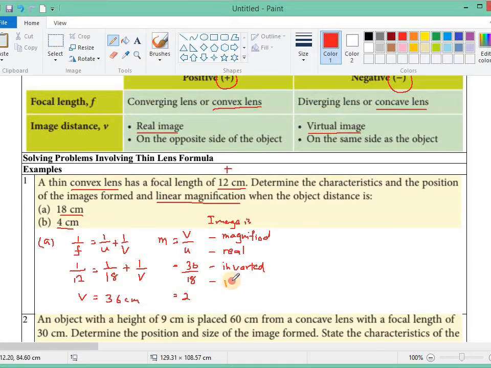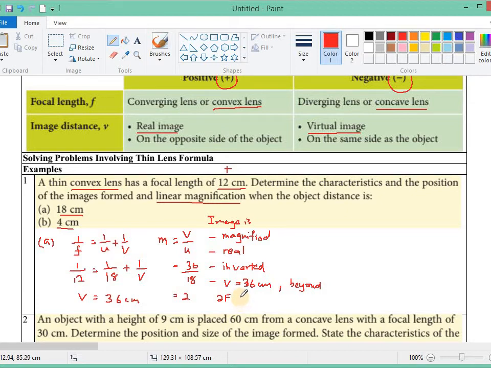Okay, so image distance is 36 centimeter, and then the position is beyond 2f. That means more than double the focal length.